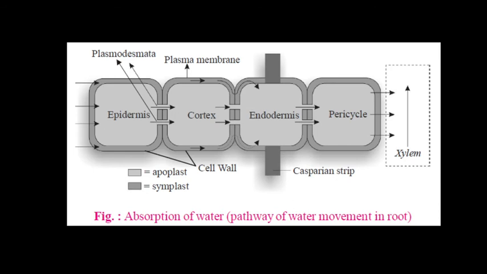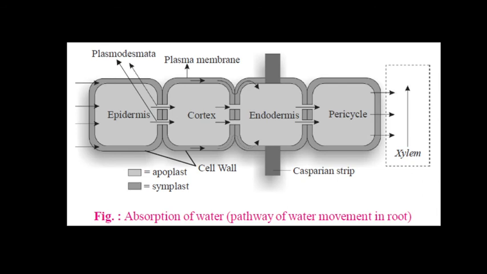The water and minerals absorbed by the root hair from the soil pass from one cell to another, by another process, which is osmosis, through the epidermis, root cortex and endodermis, and reach the root xylem. The xylem vessels of the root of the plant are connected to the xylem vessels of its stem.